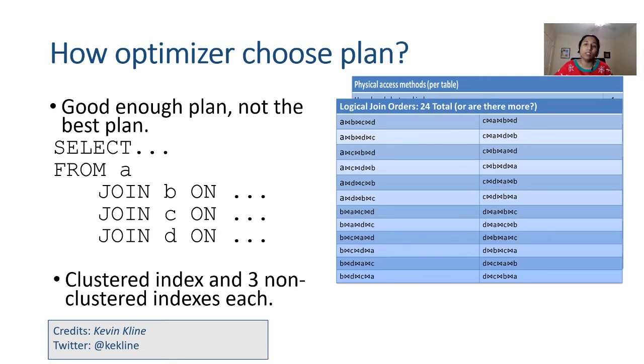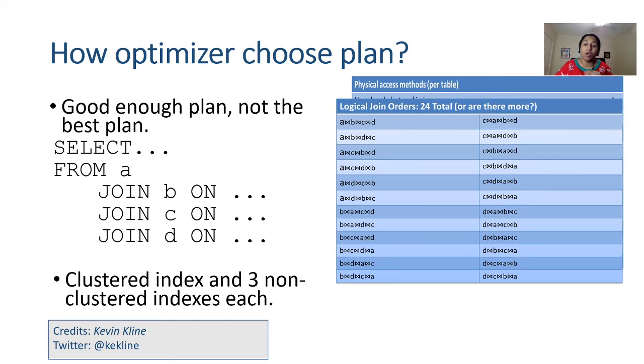Then the optimizer will reorder the joins in such a way that it pushes the join between B to C to the front of the statement and the A to B join back of it. Why does the optimizer do that? Because it wants to grab the results as quickly as possible.